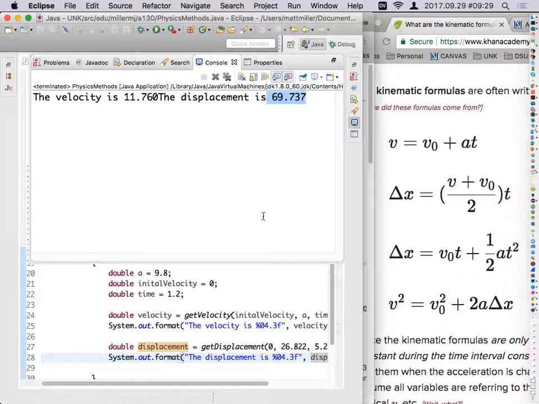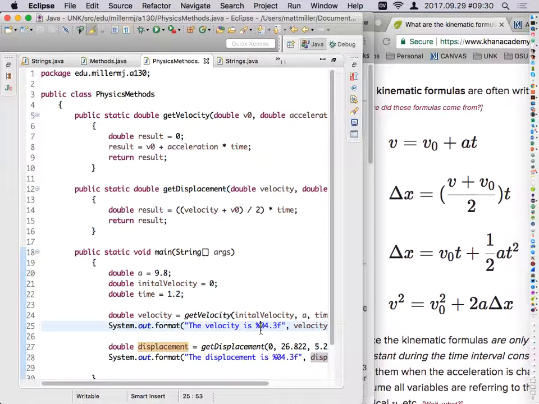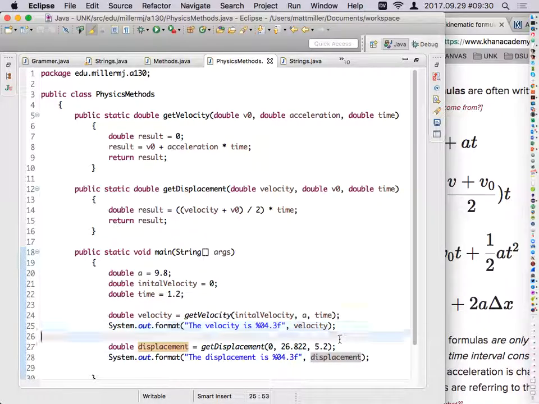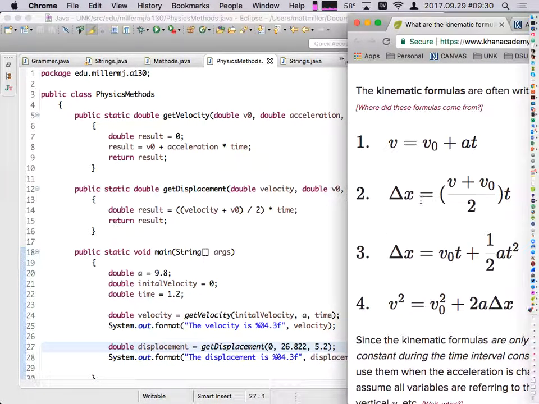So if you accelerate from 0 to 60 in 5.2 seconds, you would go 69 meters. That doesn't seem like very many. Seems like it would be farther than that. But. Okay.